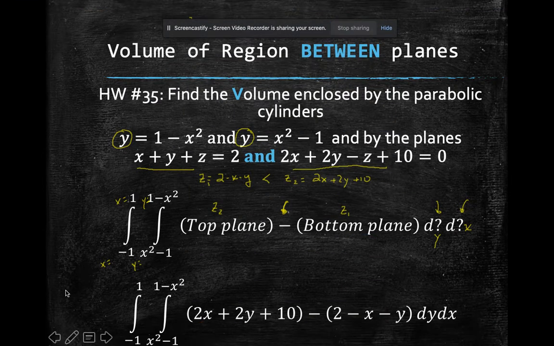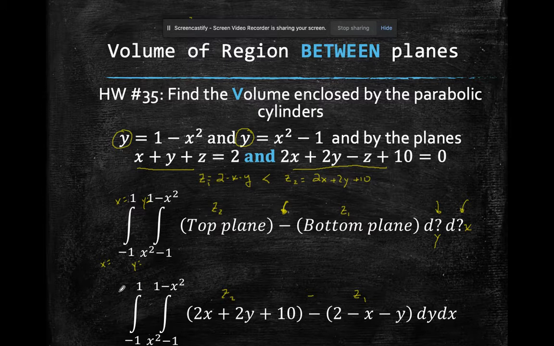Oh, my Lanta, right? Notice I did get z by itself first. So this is my top plane minus my bottom plane. And of course, I'm going to distribute and combine and get like terms, right?